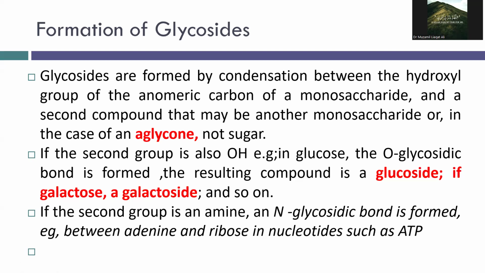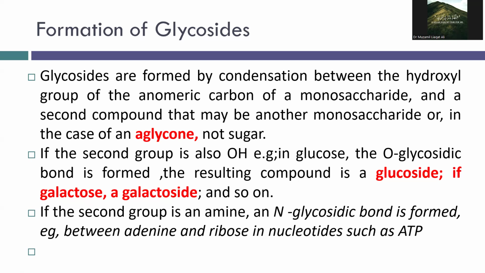Formation of glycosides. Glycosides are formed by condensation between the hydroxyl group of the anomeric carbon of the monosaccharide and a second compound, which may be another monosaccharide or a non-sugar molecule called an aglycone. When linked through an OH group, an O-glycosidic bond is formed, resulting in a glycoside, such as glucoside from glucose or galactoside from galactose.